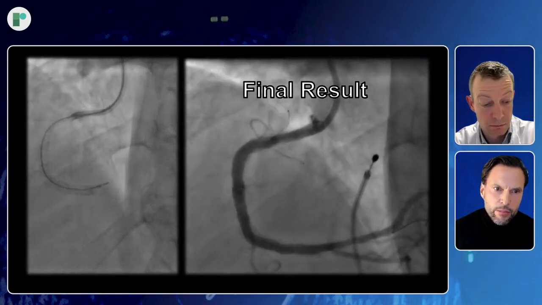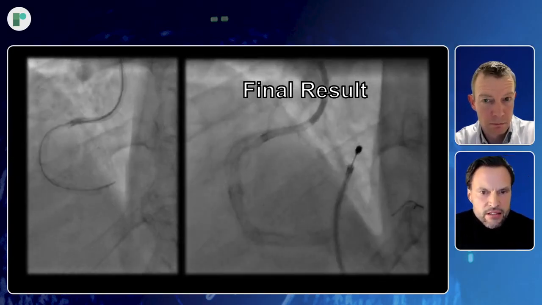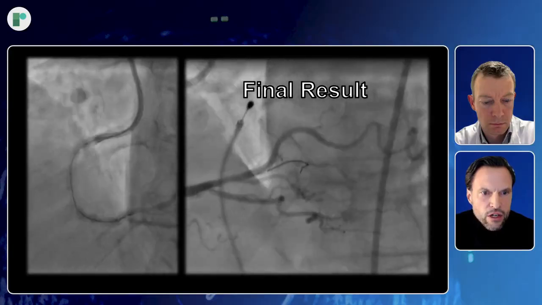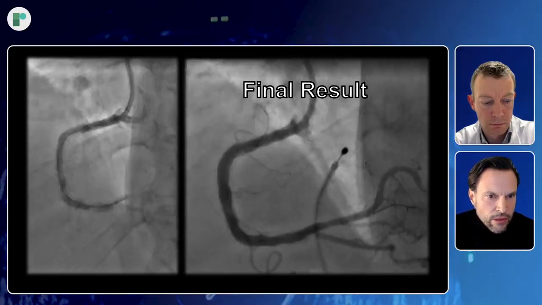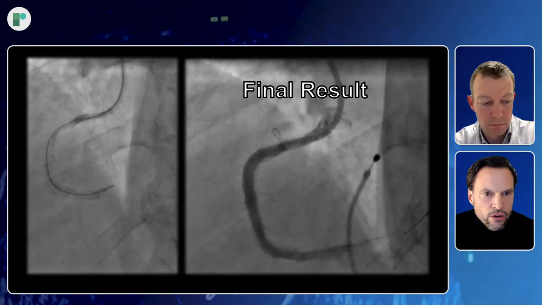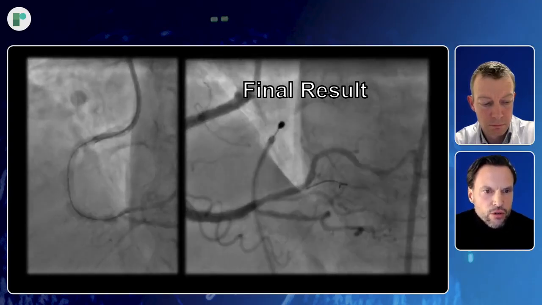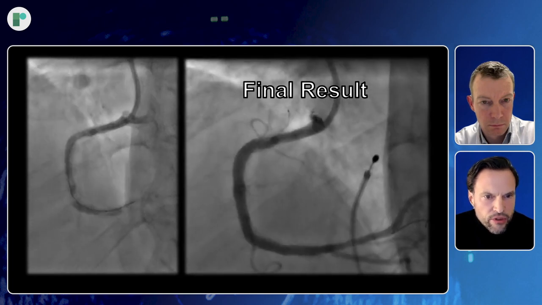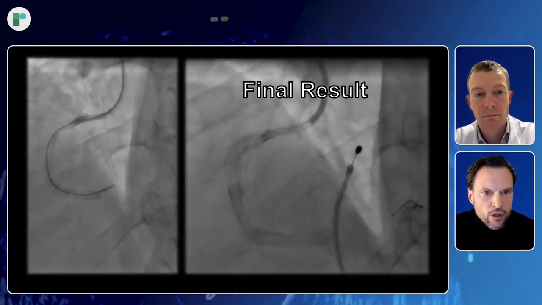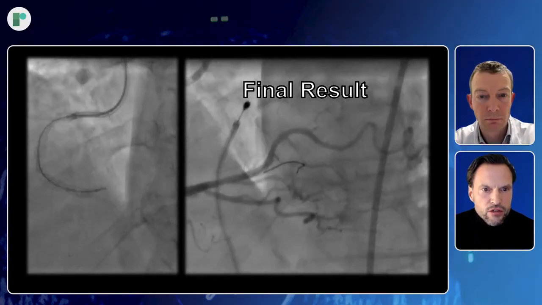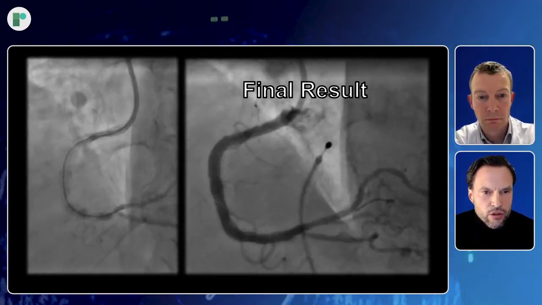This gives us all that we need to decide that this is, for example, a good case for orbital atherectomy, which we did in this patient, or to use, for example, lithotripsy in other patients, because we now have different tools available in our toolbox.